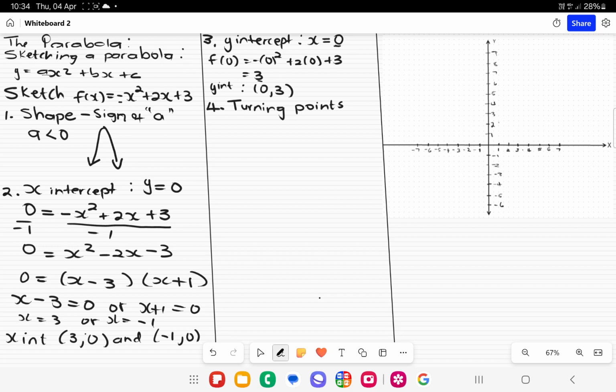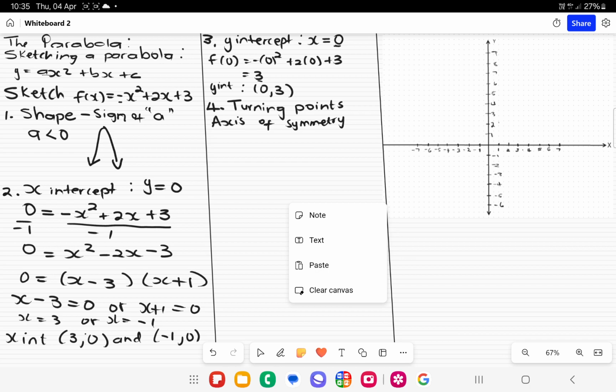There are two methods to use for the axis of symmetry.